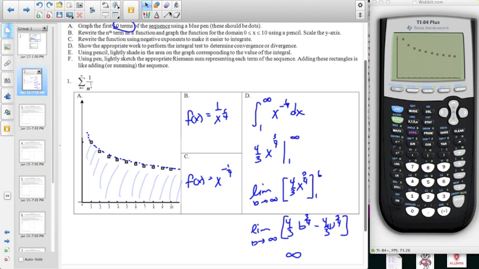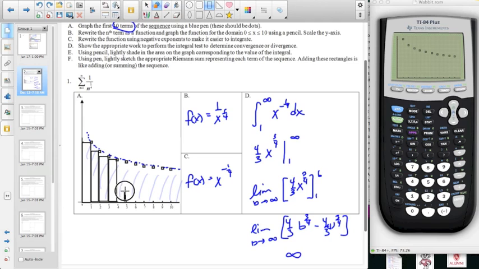With a Riemann sum, we're talking about setting up rectangles here. So we're going to set up a rectangle with this height and a width of 1, so that a sub 1 rectangle is going to look like that. And the a sub 2 rectangle is going to look like that. And the a sub 3 rectangle is going to look like that, and the 4 rectangle is going to look like that.